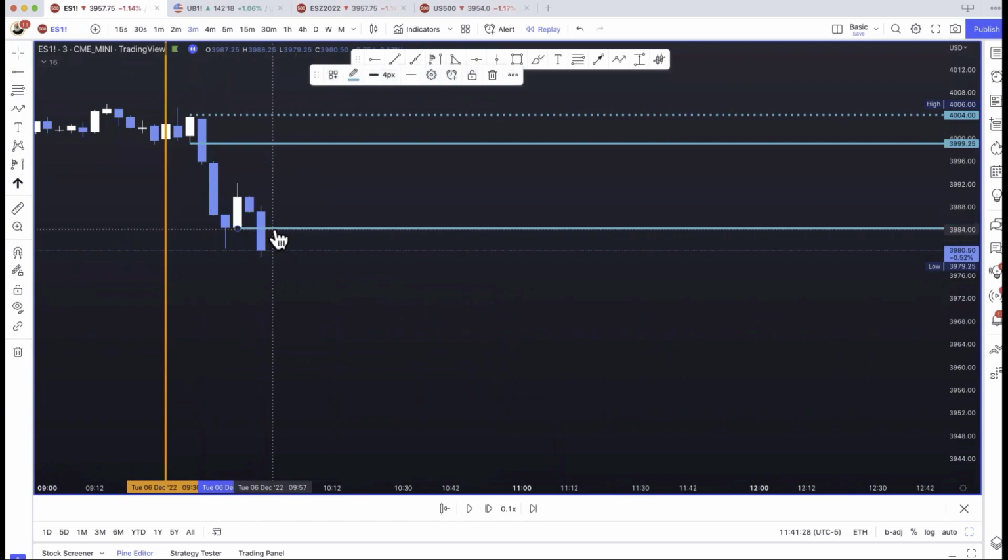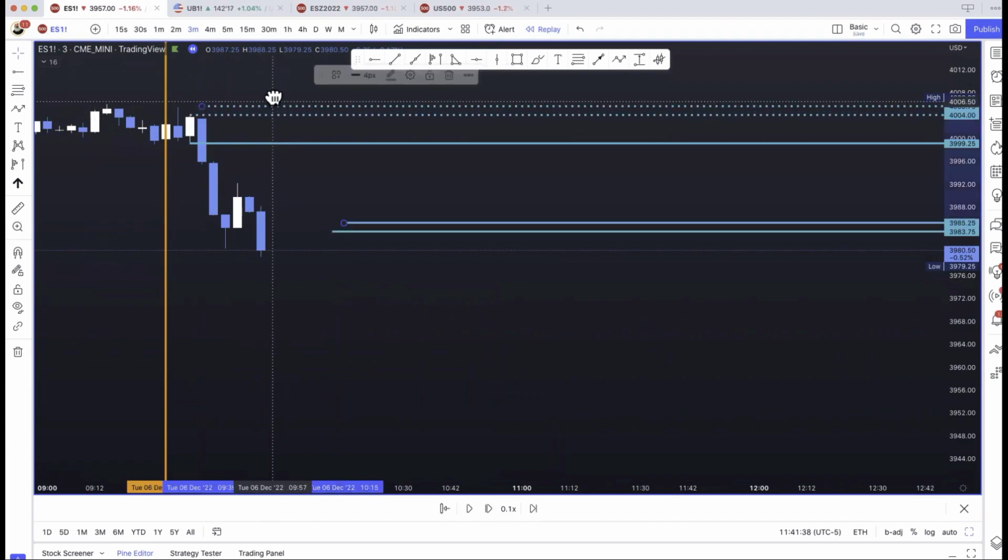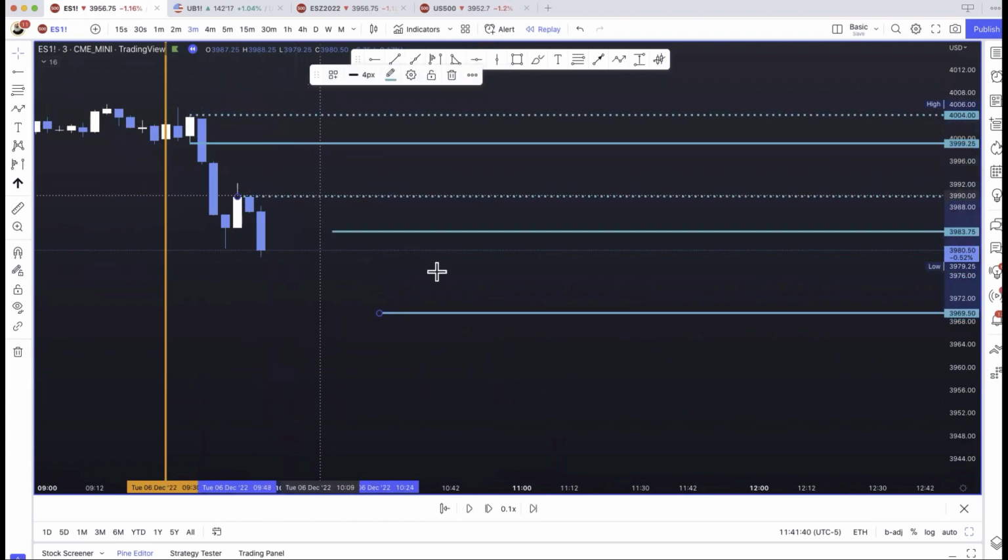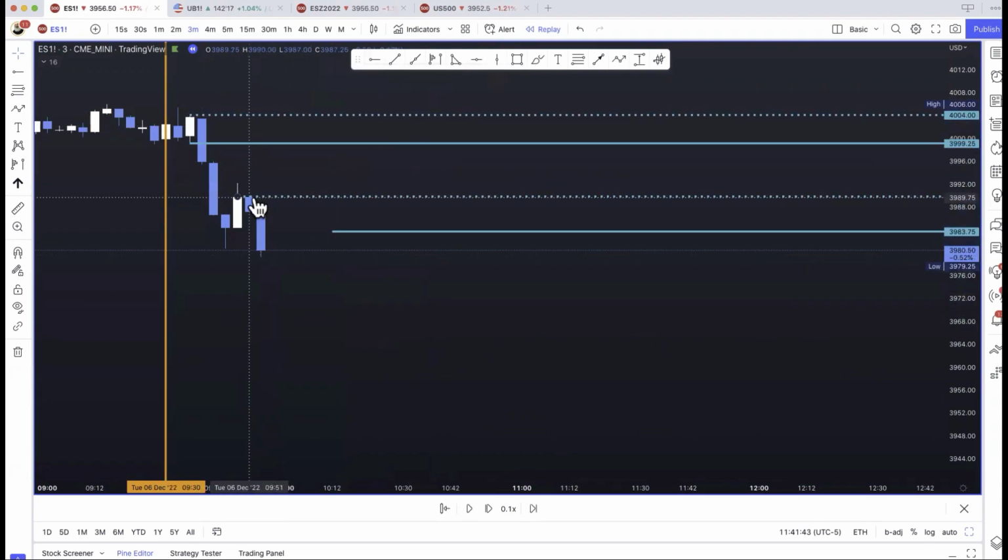This could be a possible level, but it's not because we don't have 2 candle separation yet. But I need to visually start seeing that. I also need to visually start seeing that this is a possible break level. I wouldn't quite put it there yet.